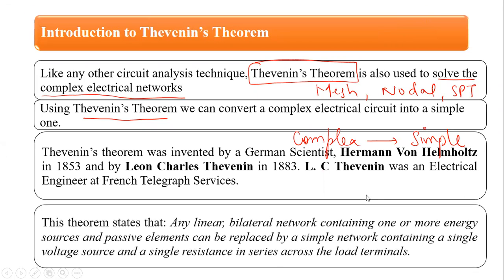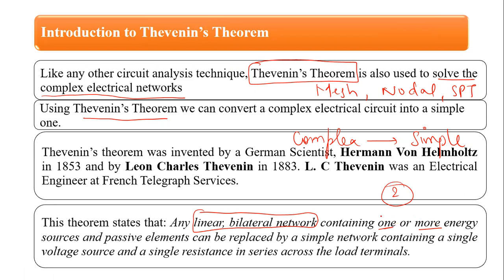Now, Thevenin's theorem states that if we have any linear bilateral network which contains one or more energy sources, unlike the superposition theorem, where the condition is that there must be at least two energy sources, here that constraint is not there.